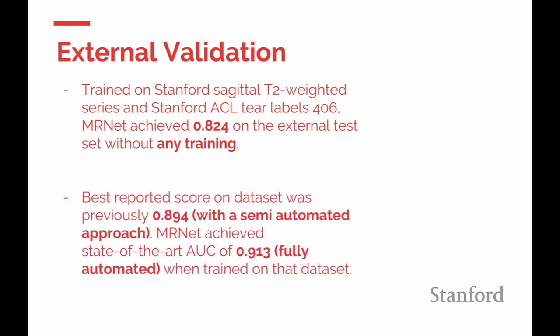But then when we trained on it, we found that we were able to outperform the previously best reported result on the data set. So there's still some work to be done in being able to generalize my network here that was trained on my data to be able to work on data sets from different institutions, different countries as well. But we're making some steps along that way.